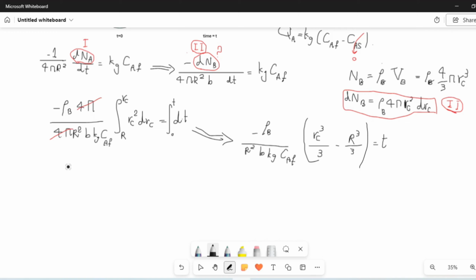Now, by factoring R cubed over 3 out of the parentheses, we can write rho B over b kg CAF, and here we have R cubed over 3 R squared multiplied by 1 minus rc over capital R cubed, which is equal to t.